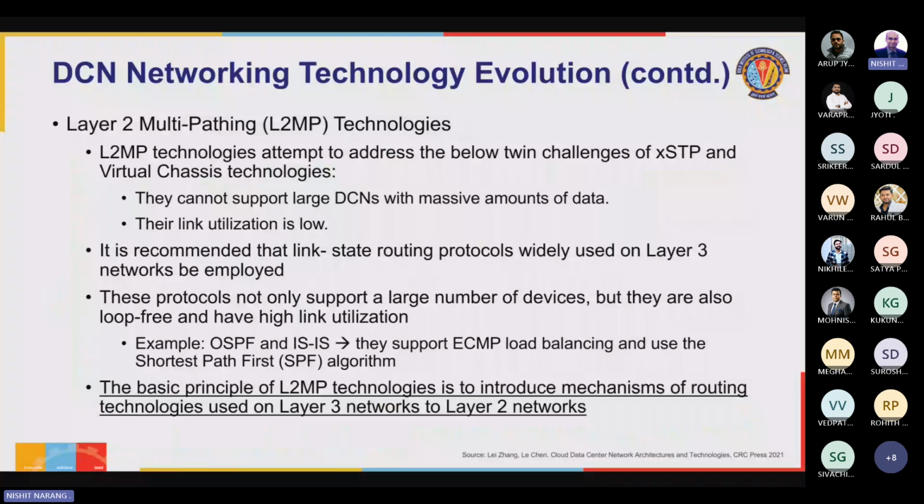The big principle in L2MP is the introduction of a routing mechanism that you typically see in layer 3 networks into a layer 2 network. That's what they did. They said, I don't need spanning tree protocols. I don't need virtual chassis. My topology access aggregation core is fine. I can live with it. I don't have to buy new switches.